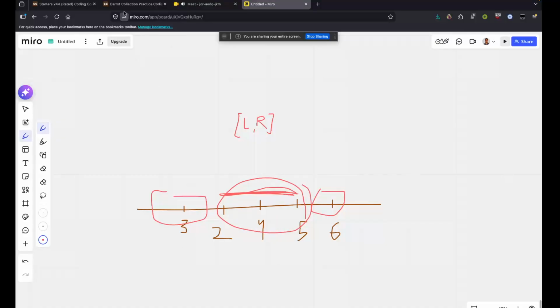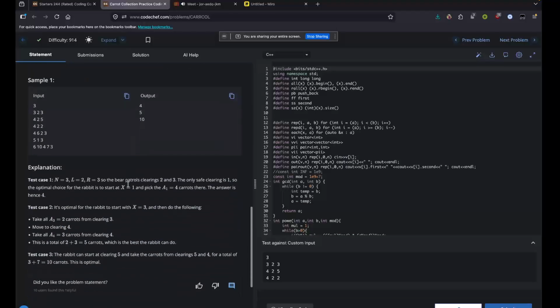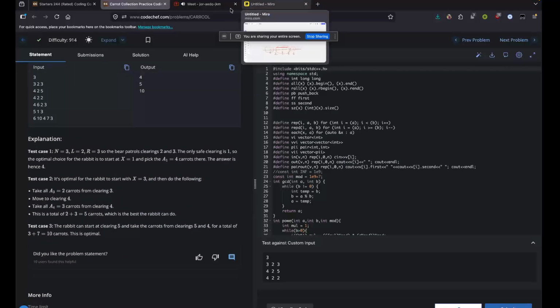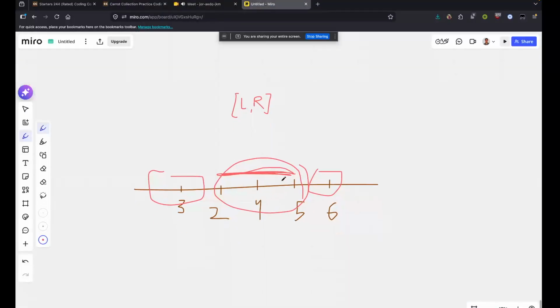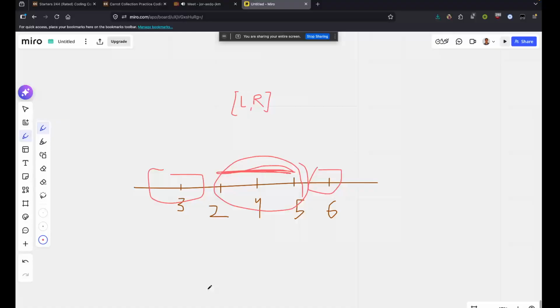This is the question. What was your approach, Arnav, if you want to share? Yes, bhaiya, my approach was also something like this. I just saw what was the least index of the array where the bear was roaming, and the max index till which the bear was roaming.